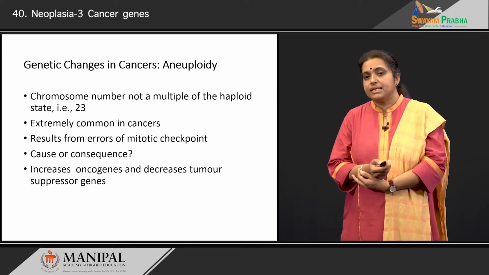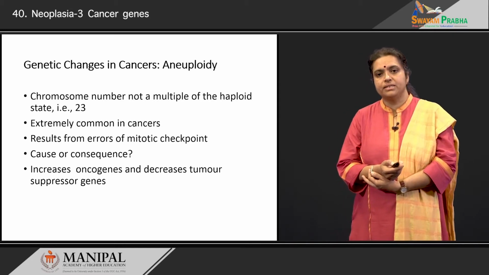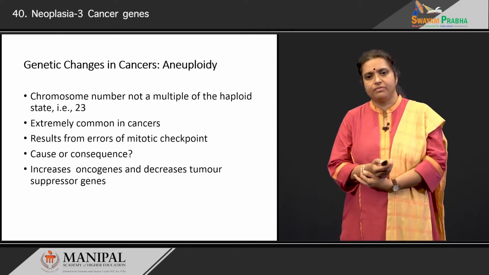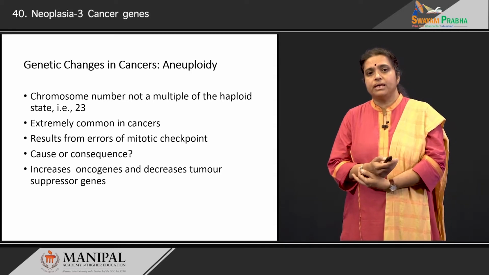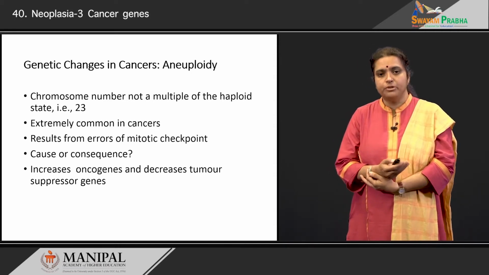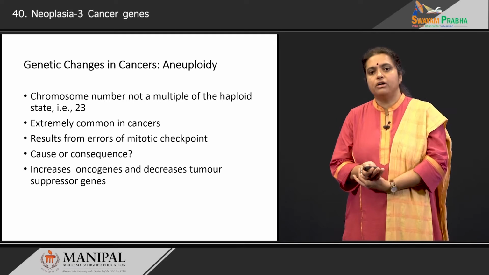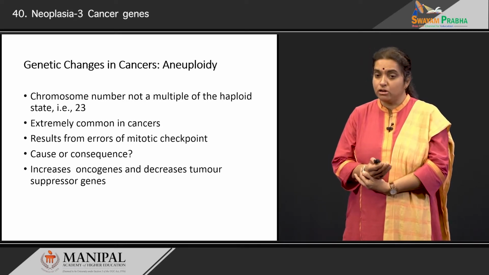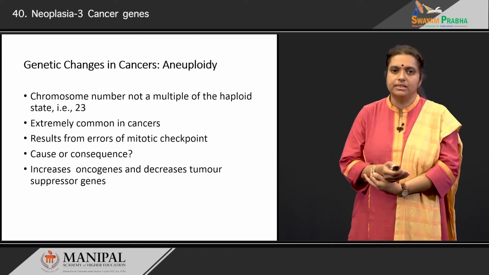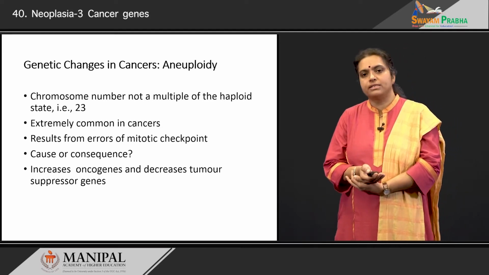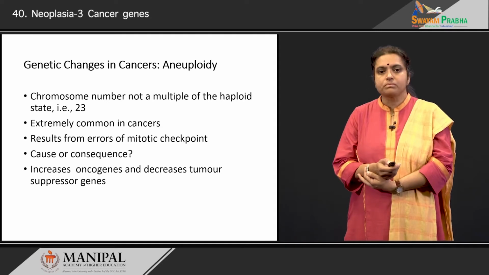Aneuploidy is extremely common in cancers. We see a whole lot of aneuploidy in various cancers. And we really do not know whether aneuploidy is a result of abnormal cellular proliferation or is a cause for the cell to become malignant. So, it is not clear whether aneuploidy is a cause or consequence of cancer.